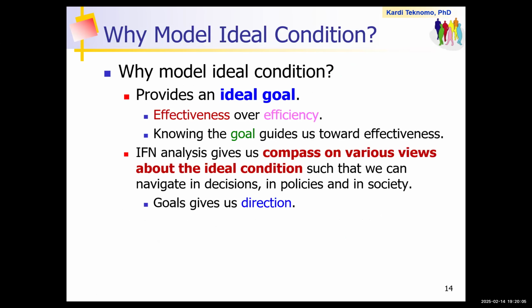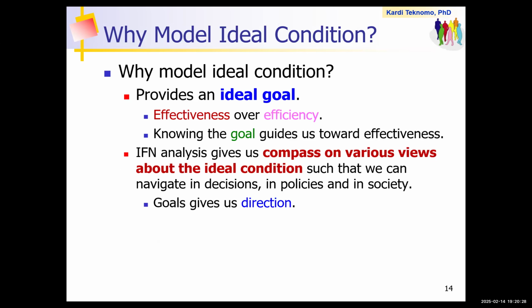So why do you want to model ideal condition? If you know what is the ideal, then you have the goal, isn't it? If you know the goal, then you can be effective. To be effective is much more important than to be efficient, right?